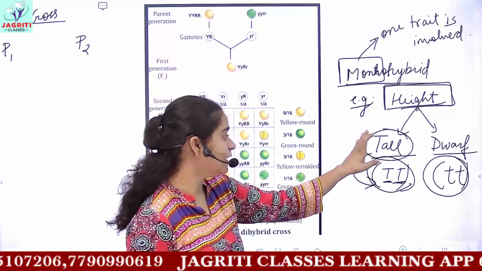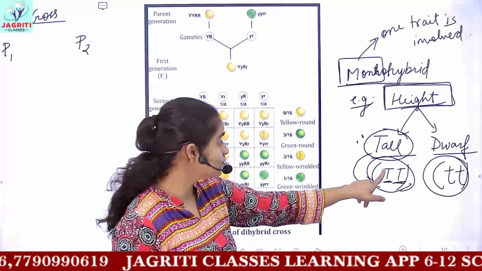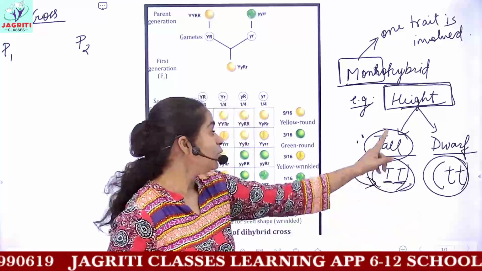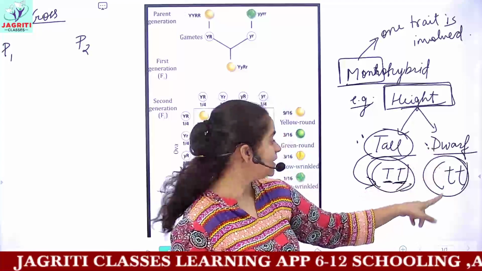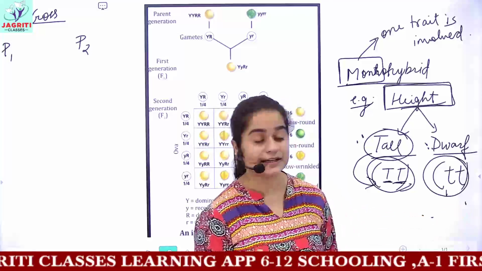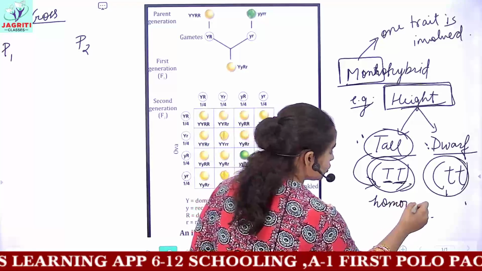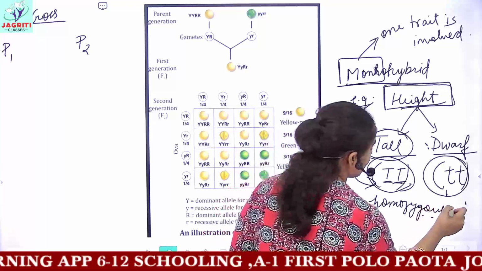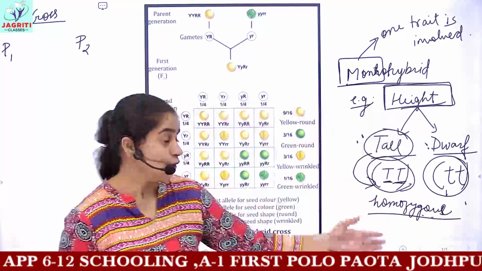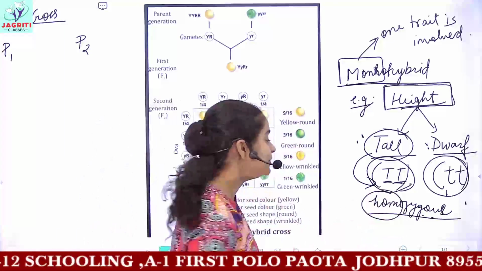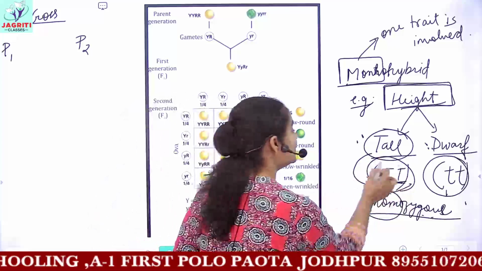So for tall, for parents, the alleles would be capital T and capital T, whereas for the character dwarf, the alleles would be small t and small t. Because these alleles are the same, we call it homozygous condition. Homo here means same, zygous refers to the gene you are having.